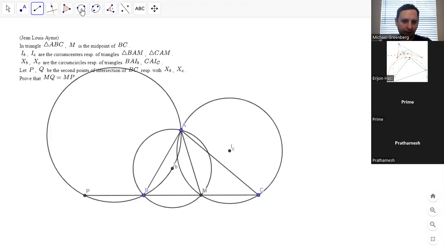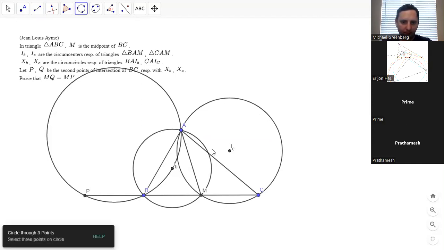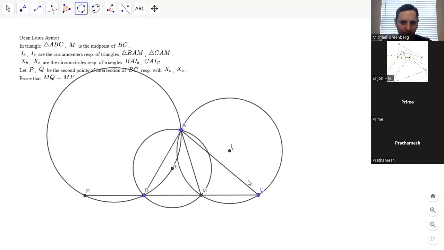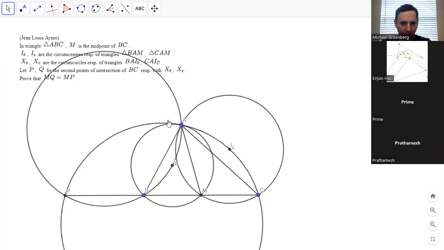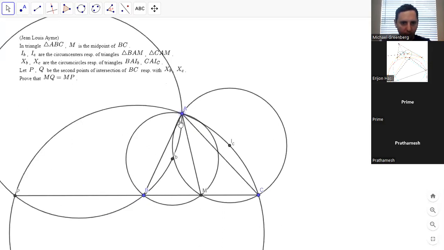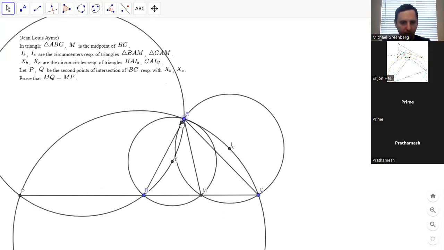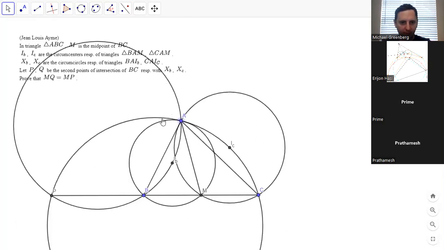Because let's see. Yeah, it looks a lot like it. Then we would have this circle and this circle both pass through that same point.